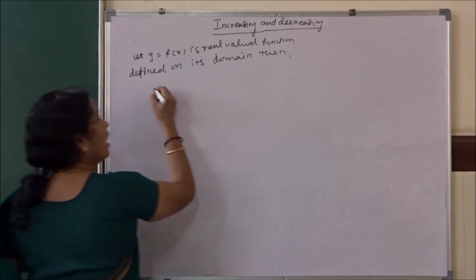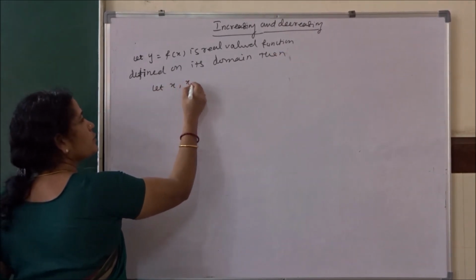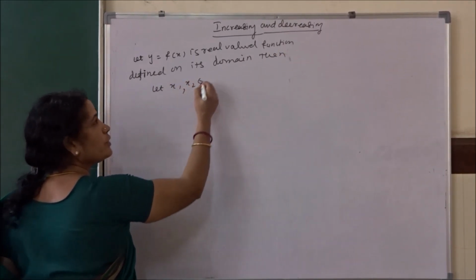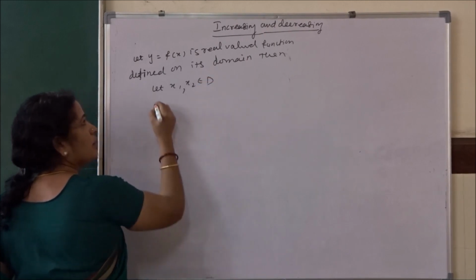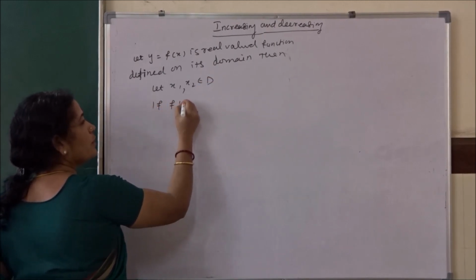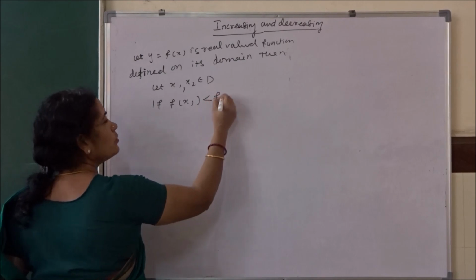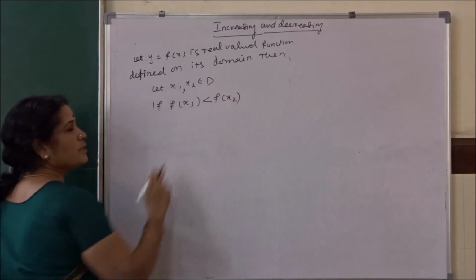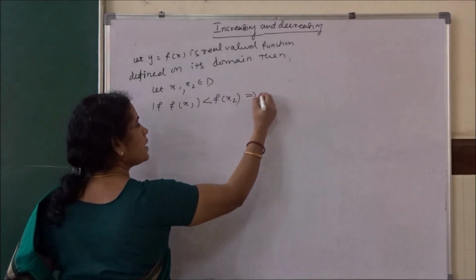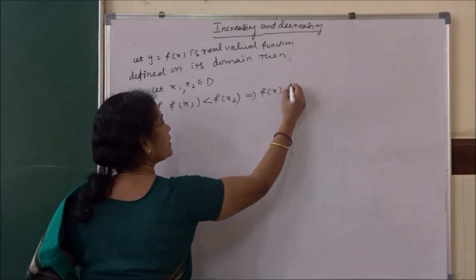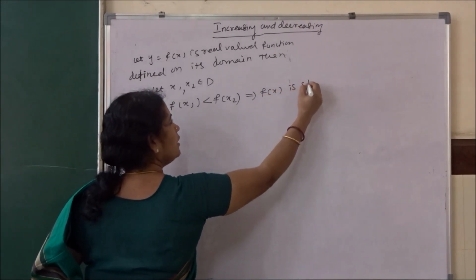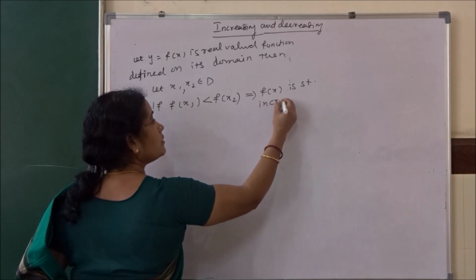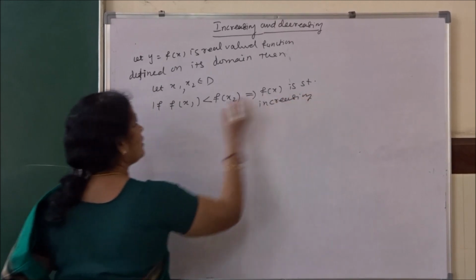Then I am taking x1, x2 belonging to its domain. This is without the derivative test, I am saying. If f of x1 less than f of x2, it implies f of x is strictly increasing. Clear?